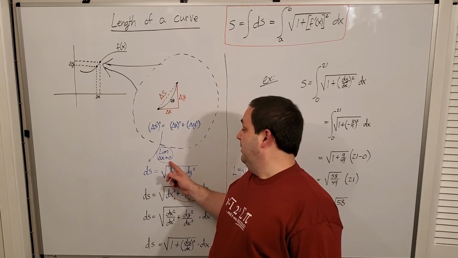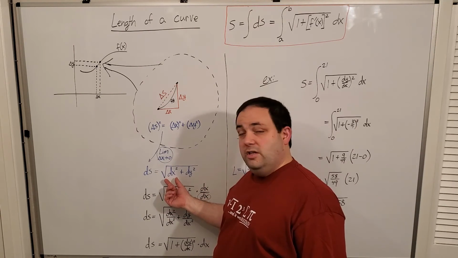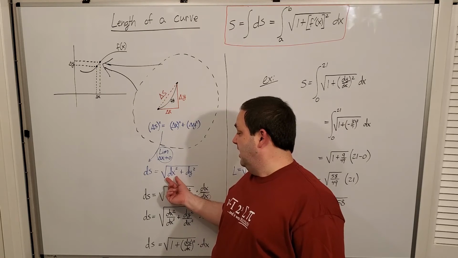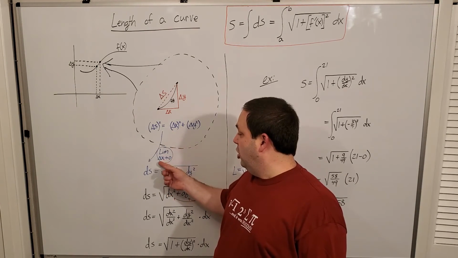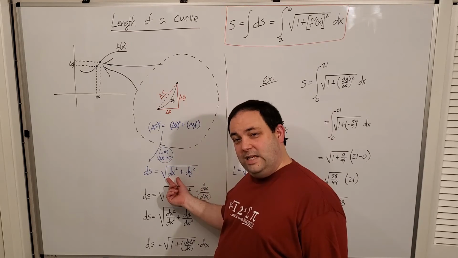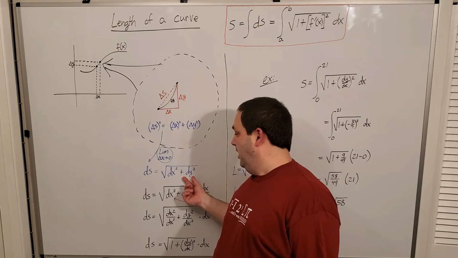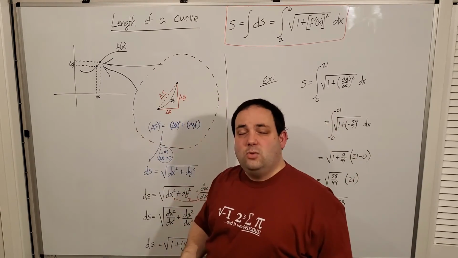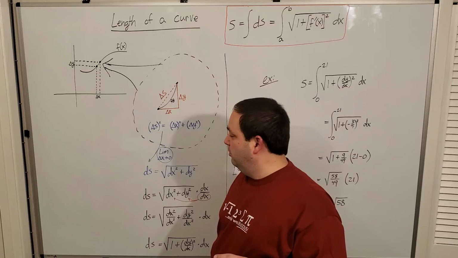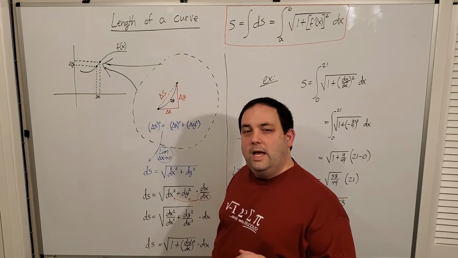Okay, if we take that limit, what we're actually going to start talking about are the differential pieces, right? The things that have the width of a point, an infinitesimal amount. Delta x going to 0 becomes dx, which causes delta y to become dy, which causes delta s to become ds. And yes, this is sort of hand waving. It's not an actual full-on proof, but you should be getting the idea here.